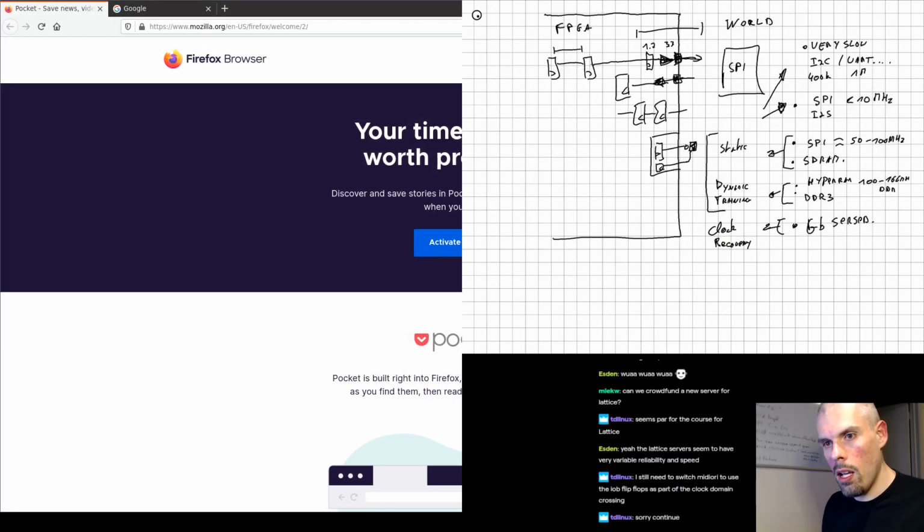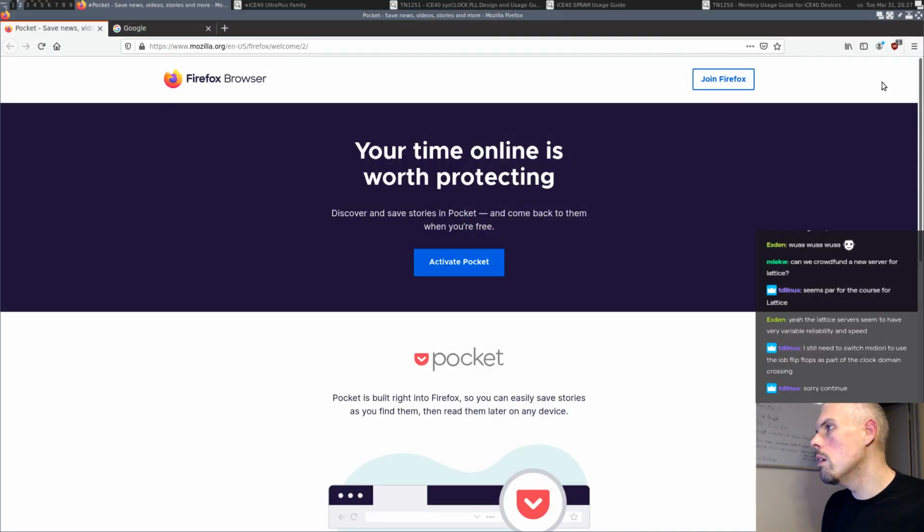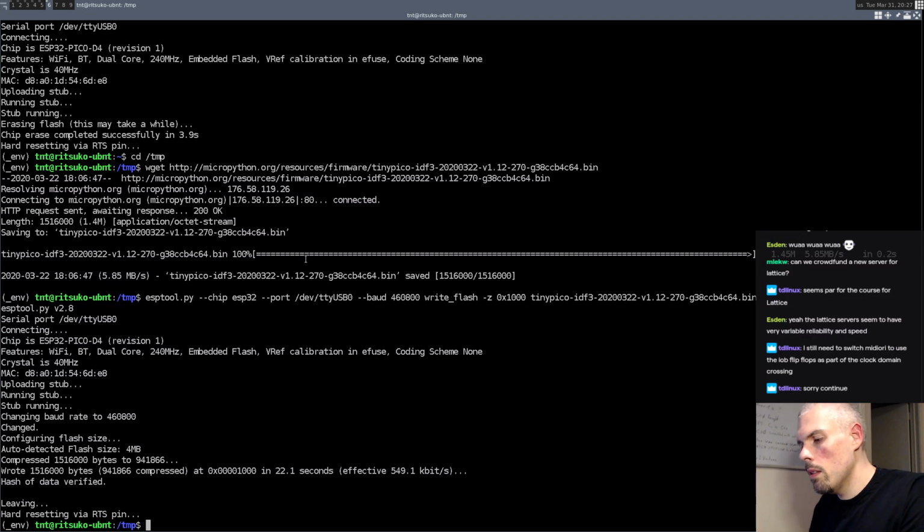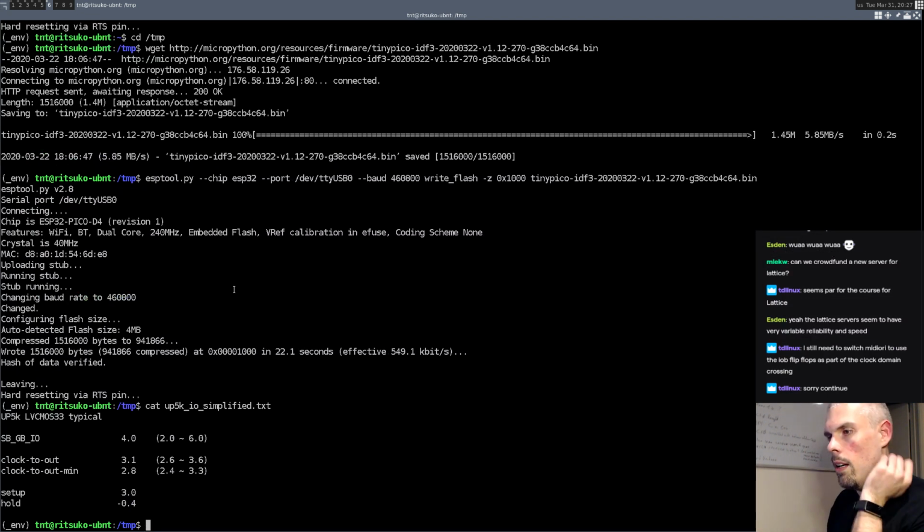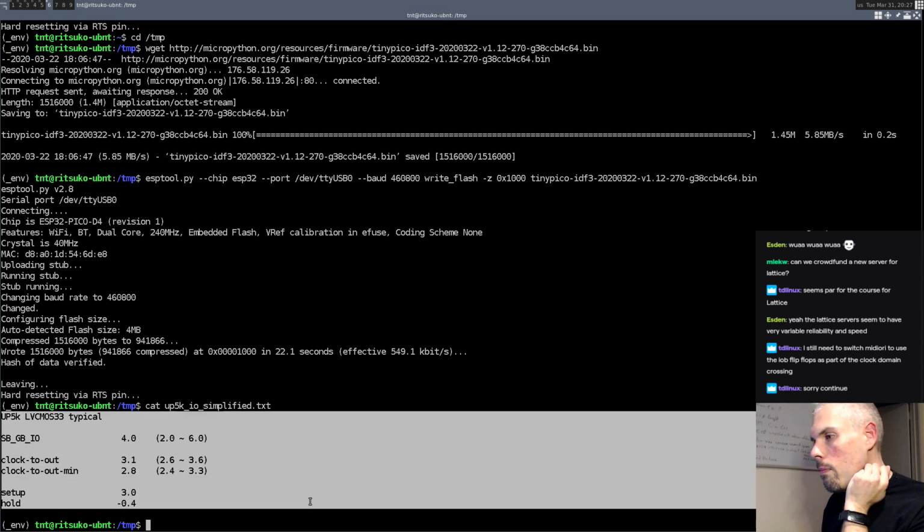So what I actually have is that I use the proprietary tools, and I made myself a simplified table of the various parameters of the I/O registers.